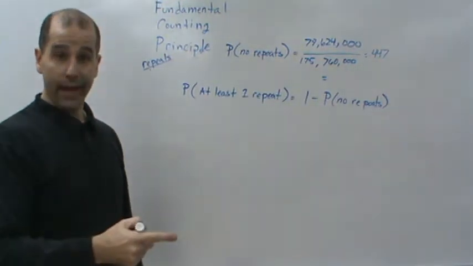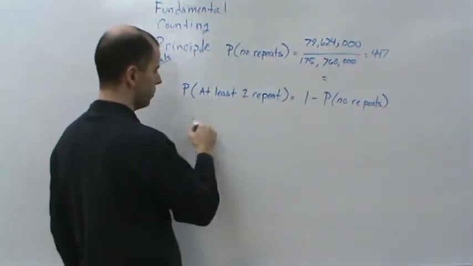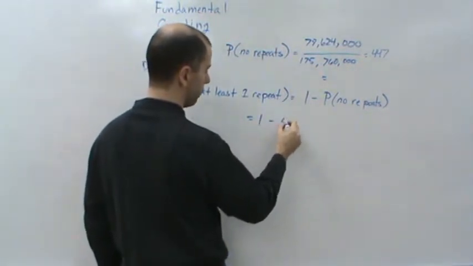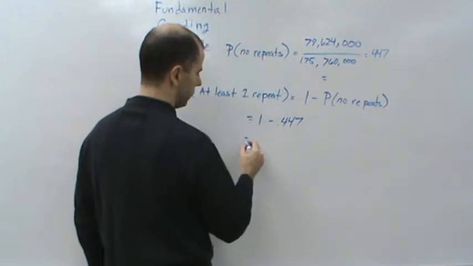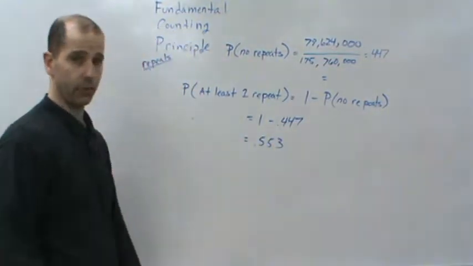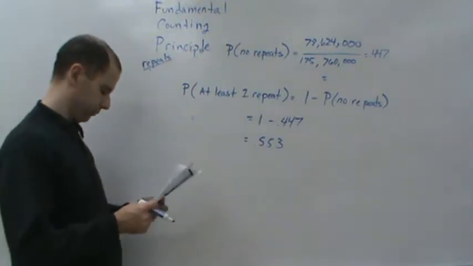Well, we know that answer. We just got it. So we could just use the complement rule and do 1 minus 0.447, and so we know the answer is 0.553, and we're done. Okay, so that's it for that one.